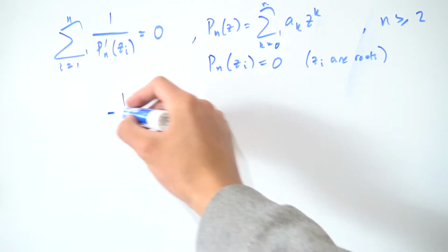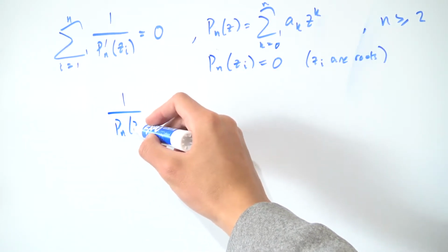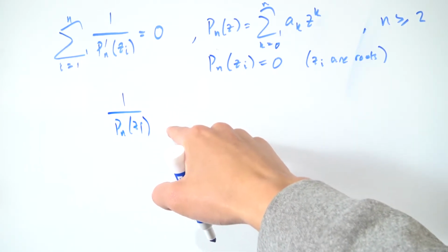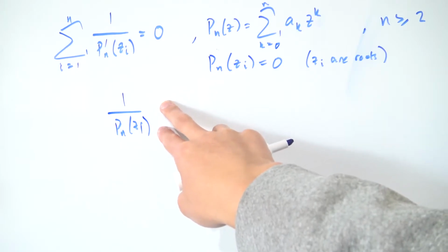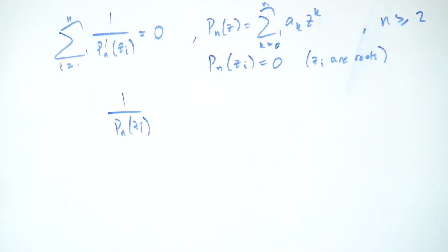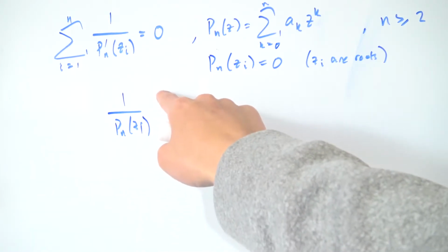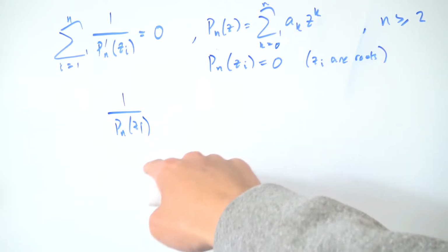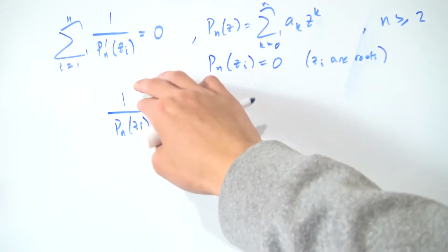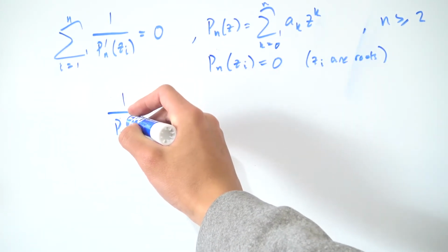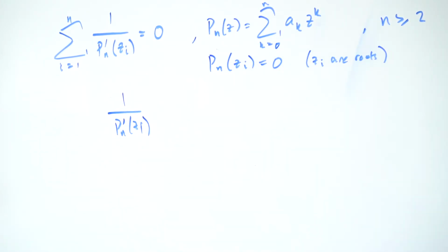So if we take 1 over Pn of zi, it's actually going to be undefined because we're dividing by 0. But usually when we calculate these residues, we like to use L'Hopital's rule whenever we have a 0 divided by 0 situation in order to evaluate the residue. In using L'Hopital's rule, we differentiate the top and we differentiate the bottom, and we get P prime like so, which matches up right here.